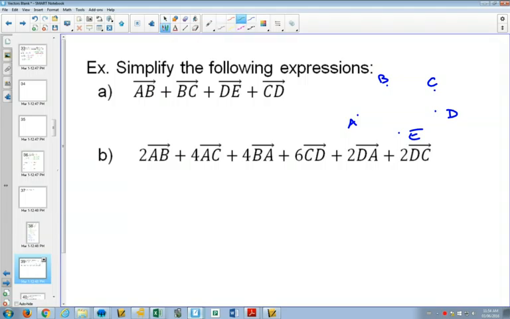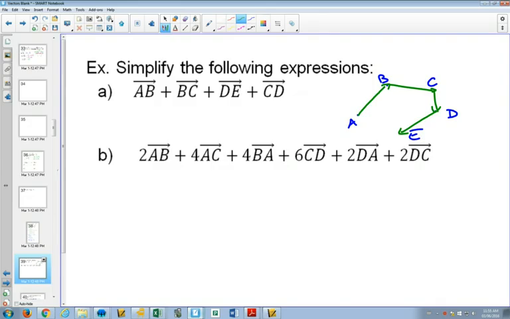If I started from A and went from A to B, and then I went from B to C, then I went from D to E, and finally went from C to D, do they all fit together? Yes. The order doesn't matter.